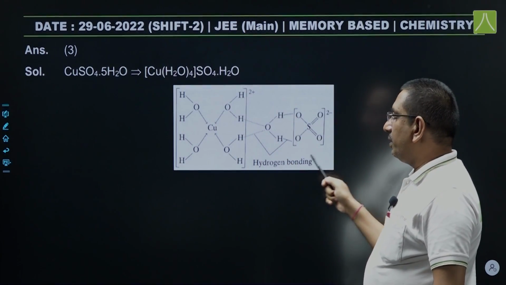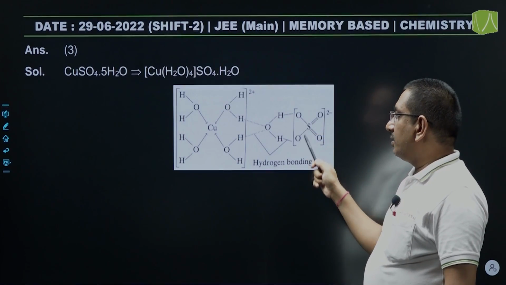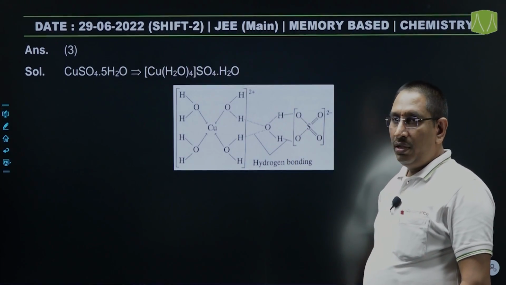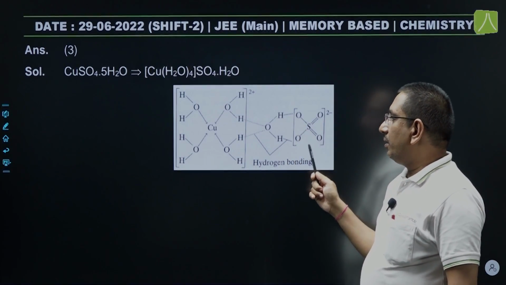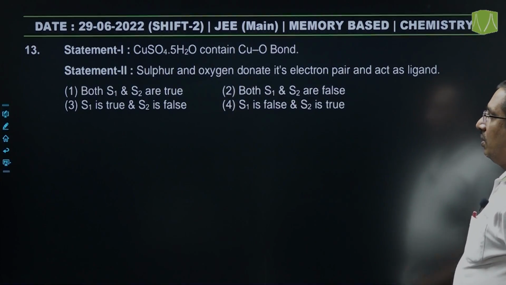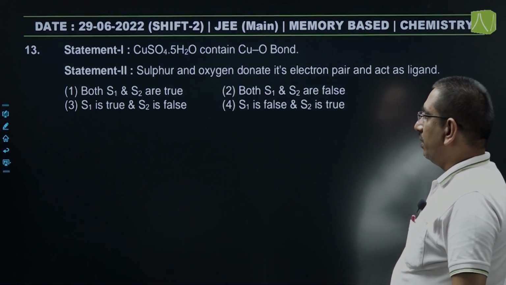Here sulfate ion is not acting as the ligand. Sulfur or oxygen atoms of sulfate ion are not donating the lone pair. That is why here the second statement is false. Only first statement is correct.